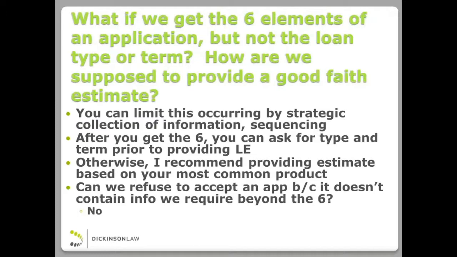Once they've provided the 6, it triggers it regardless. You can't hold it back because they didn't provide the type or the term. But you can sequence it. The easy way to think of sequencing is like an online click-through. If you have a click-through and they enter the desired loan type and term and then click next and fill in the 6, you'd be okay there.